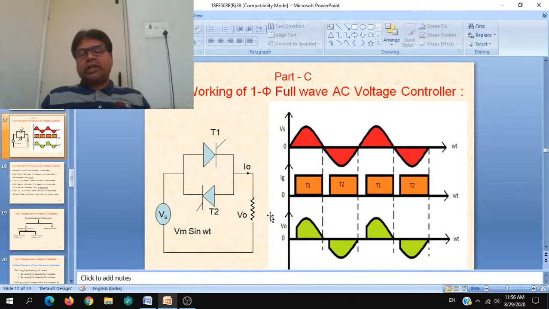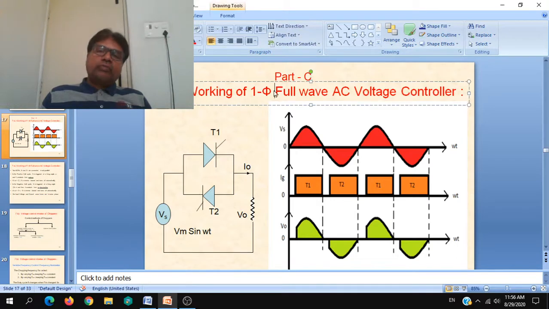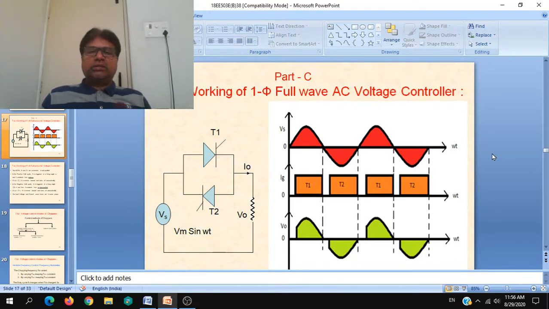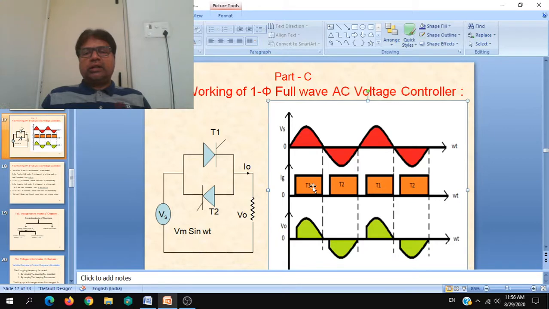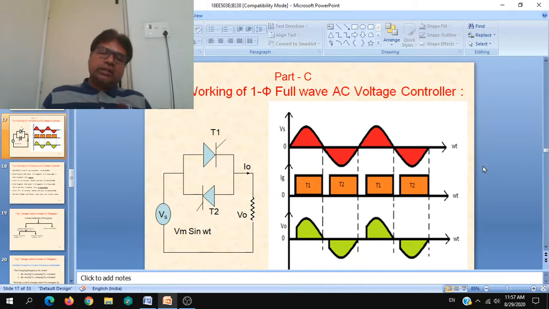And as you are able to introduce the control aspect by using SCRs in both the half cycles, it is called single phase full wave AC voltage controller. And all other things are same as half wave. Here, full wave, so gate triggering pulses should be applied to the concerned SCRs in every half cycle, and that is the concept.